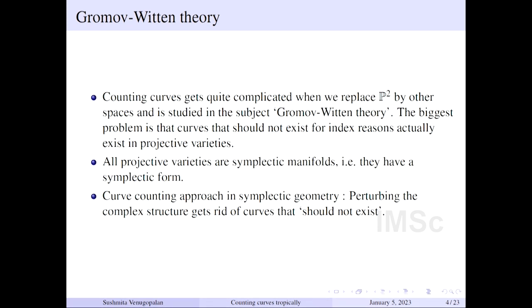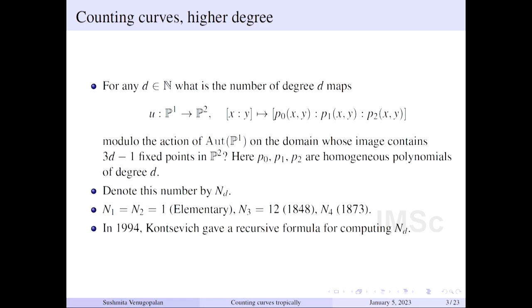And in symplectic geometry, which is the field I work in, the way we deal with this problem is to perturb the complex structure. Essentially, these maps U, which I mentioned in the previous slides, are solutions of a partial differential equation, which says that these maps should be complex linear.